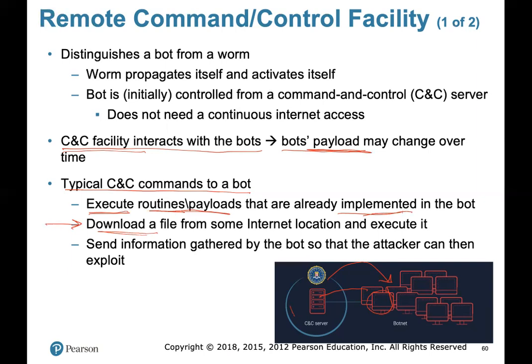And then the CNC server may send a command to gather information, to collect the information which is being gathered by the bots of the botnet. So every bot collects some information and just waits until it receives a command from the server. And once it receives the command from the server, it sends the collected information to the CNC server.